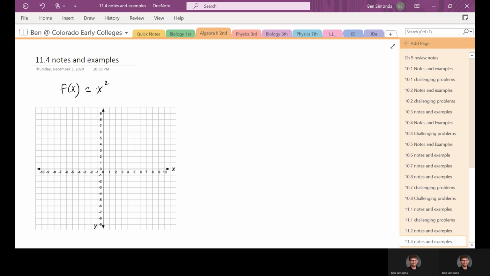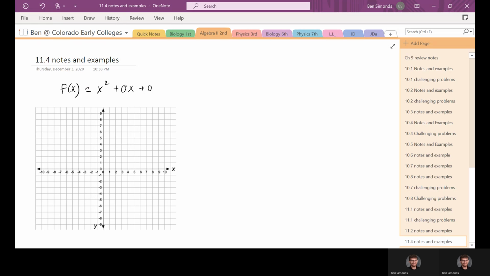So remember, a quadratic is when we have an x squared as the leading polynomial, and then we might have like a plus something times x and then plus a number. But the most basic quadratic is just x squared all by itself, right? Because then, if you recall the 11.2 lesson on the quadratic formula, our b would be 0 and our c would be 0 in this case.